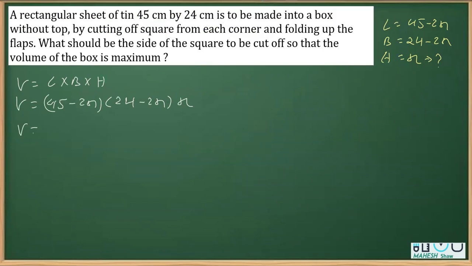We do 45 into 24, that comes out to be 1080, and then 45 into 2, that is minus 90x, and 2 into 24, that is minus 48x. Before multiplying with the x outside, we multiply this into this, which gives 4x squared.